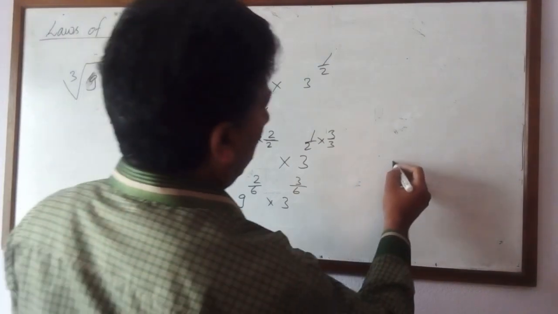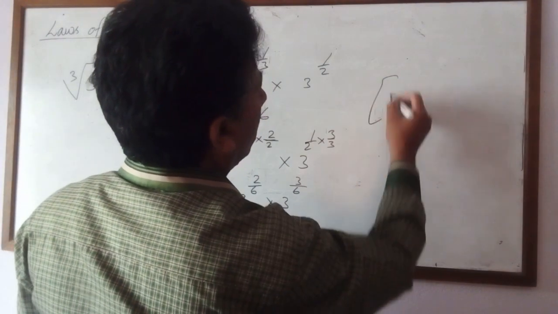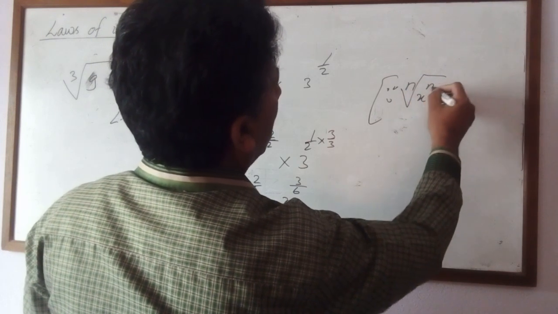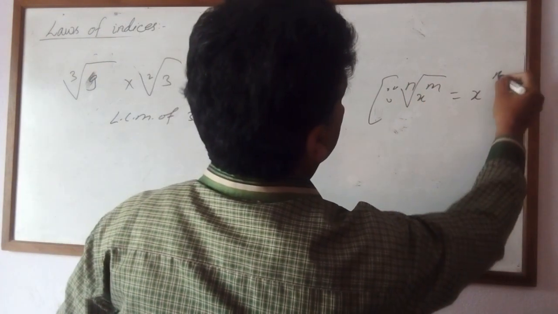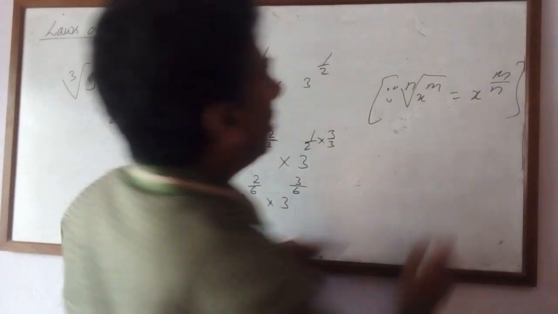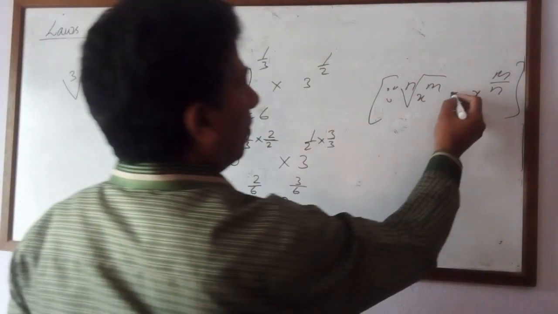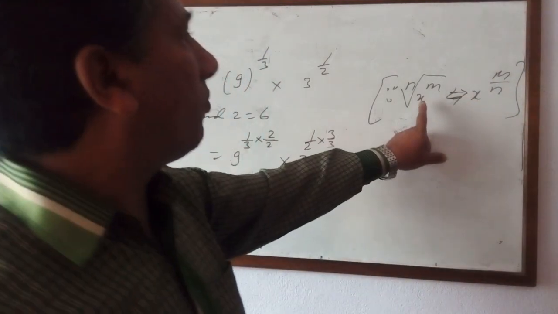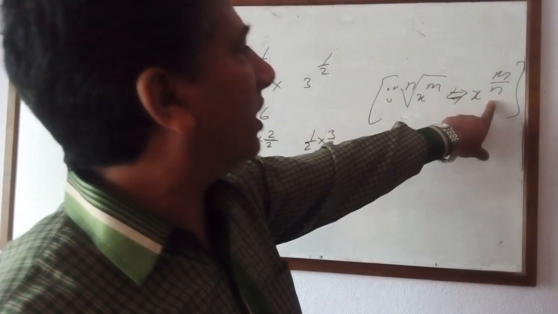Remember that. Again, what we have written: the nth root of x to the m equals x to the m by n. We have written this formula. What I say is, you must be able to go from this side to this side and from this side back.